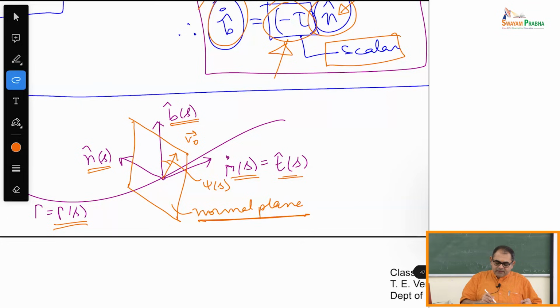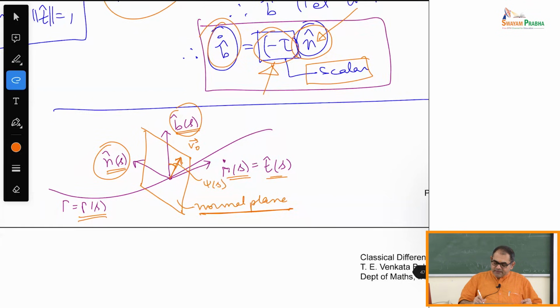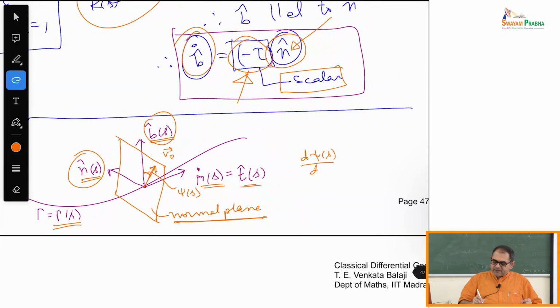It contains the normal and the binormal. In this plane I am taking a vector v naught, and I am measuring the angle that the binormal b cap makes with this v naught, and calling that angle psi s. Then the claim is that d psi s by ds is nothing but the torsion. That is the statement.